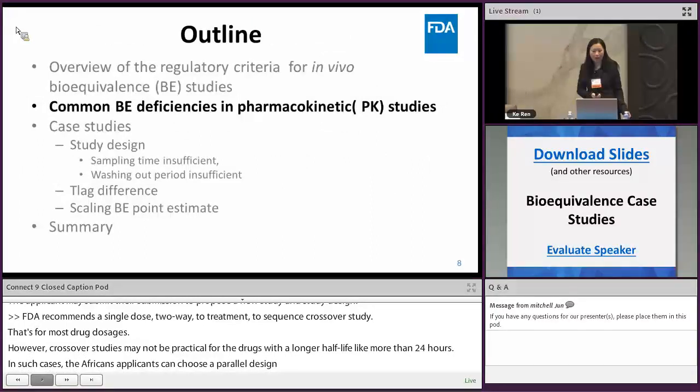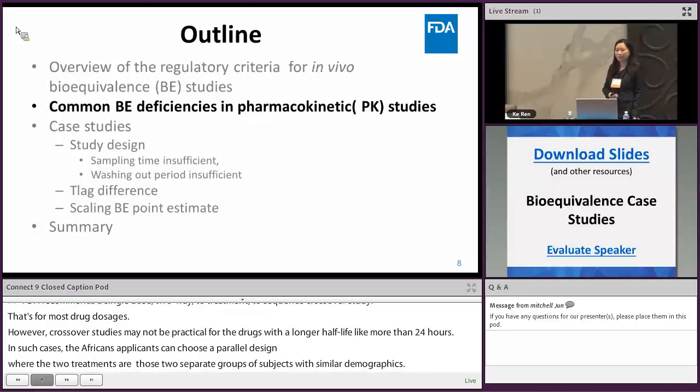Next, we will discuss common BE deficiencies in PK studies.